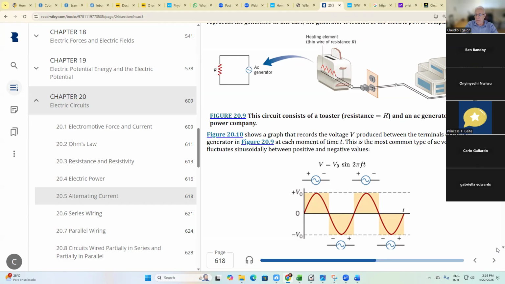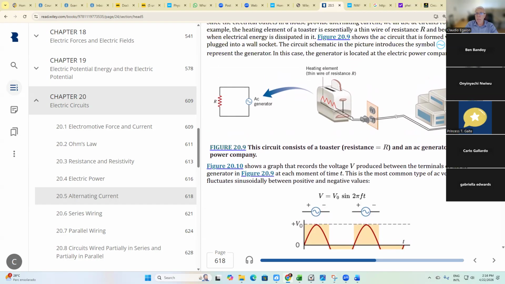That's what we have there in the power plant. The power plant that generates the electricity. Here you go, AC generator. Here's the power plant. And the AC generator is connected to your house, several houses, not just one house. And that's the notation that they use. We're going to use this notation as well.